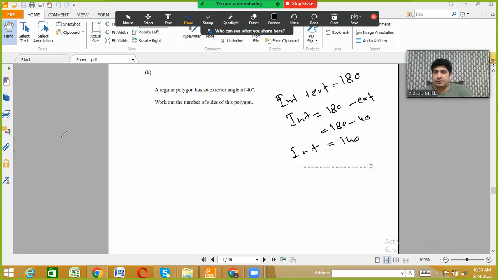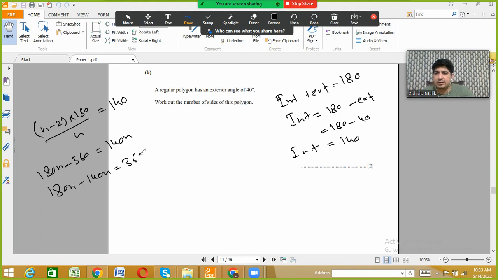And we know the formula for the interior angle of a regular shape is (n minus 2) times 180 over n. It would be equal to 140. So now you can solve: 180n minus 360 is equal to 140n. So now 180n minus 140n is equal to 360. So this is 40n equal to 360, and if you divide 360 by 40, you will get 9.